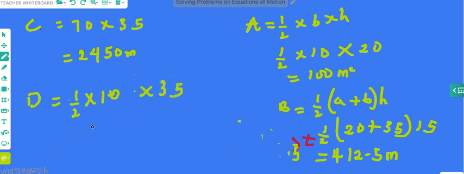So this is going to be 5 times 35, because of the half, that is 5. So 5 times 35, our answer should be 350.